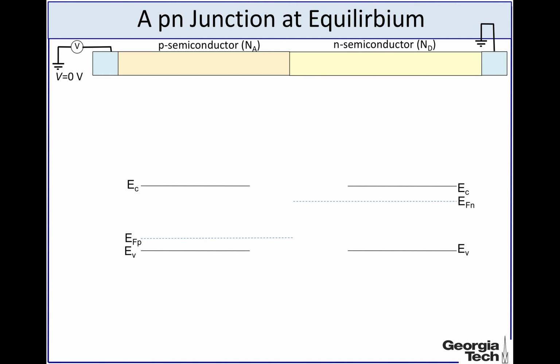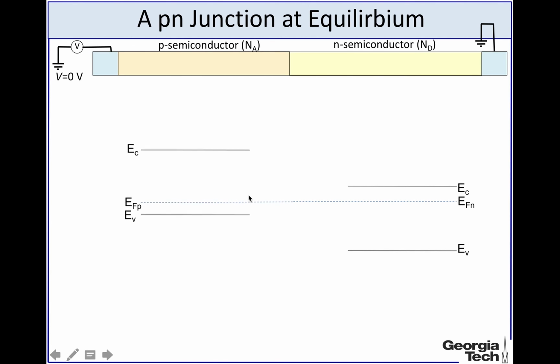Now this is what we have seen in the last lecture, that this is the energy band diagram before the contact is made, and after the contact is made, if we keep the energies in the N side fixed, then the energies in the P side will have to go up such that the Fermi levels of the N side and the P side line up, because at equilibrium the Fermi levels on both sides will be lining up, and the energy band diagram for the PN junction will look like this.